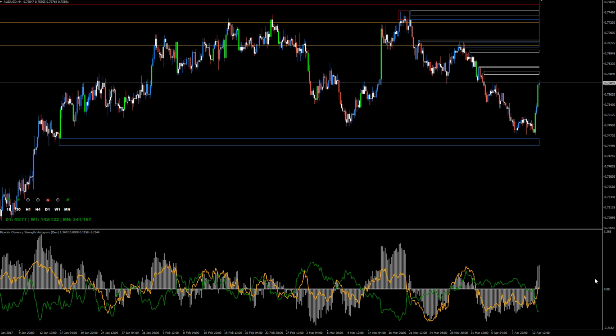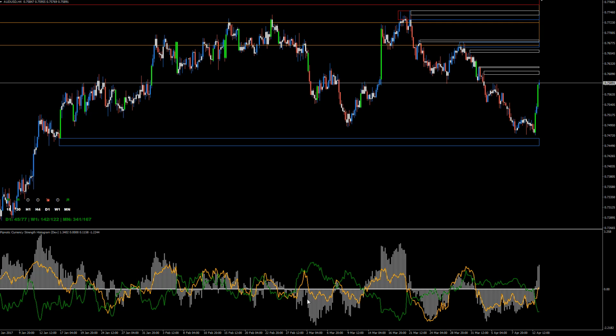What I've also done is add a histogram. The histogram simply shows us the difference between the strength of one currency in relation to the other. You can see here that the American dollar is indeed stronger than the Australian dollar, but this advantage in strength is declining.